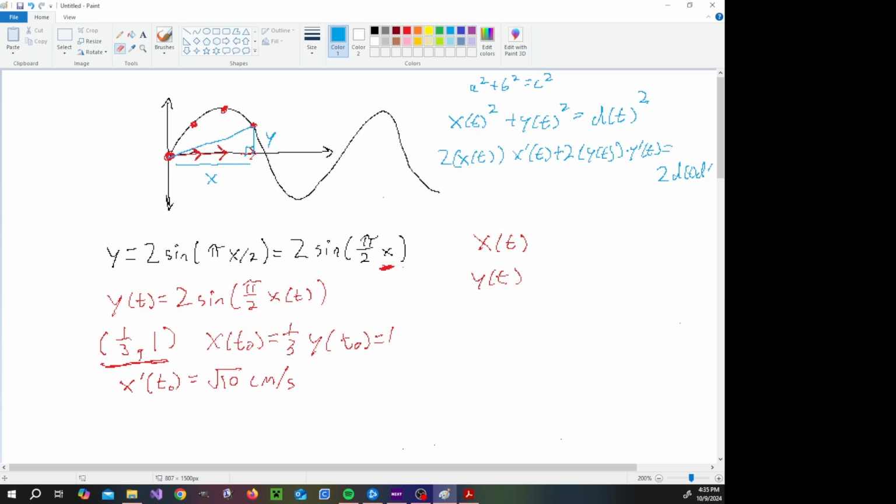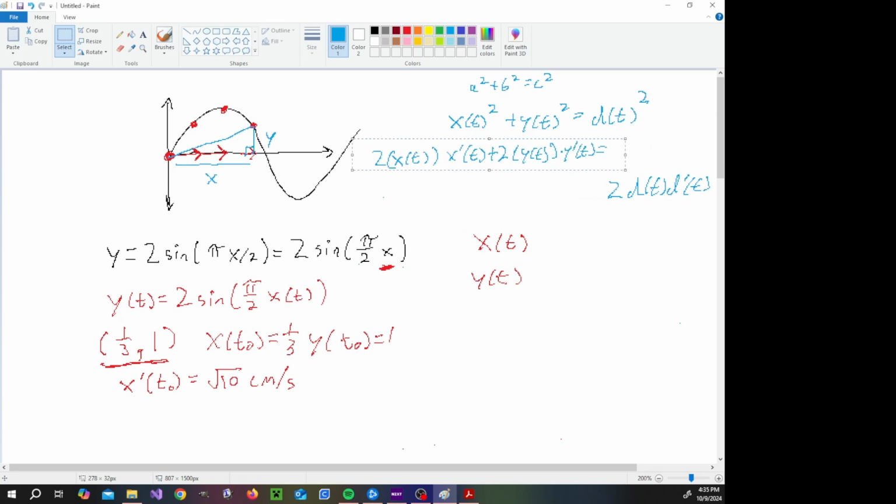I ran out of room, so let me erase some of the extra part of this graph so that I can fit that all in one line. Wonderful. Okay.